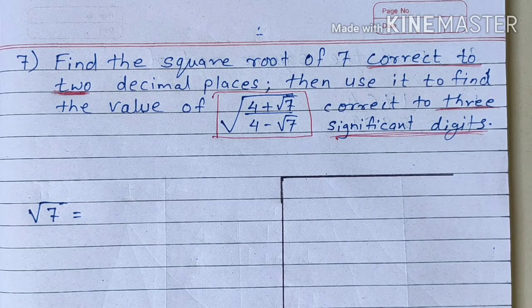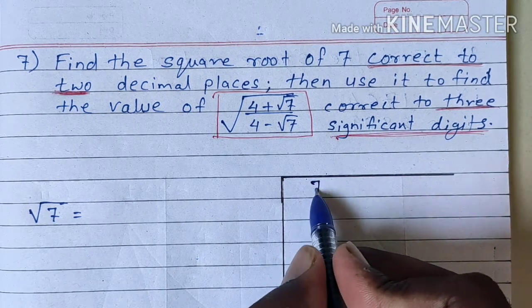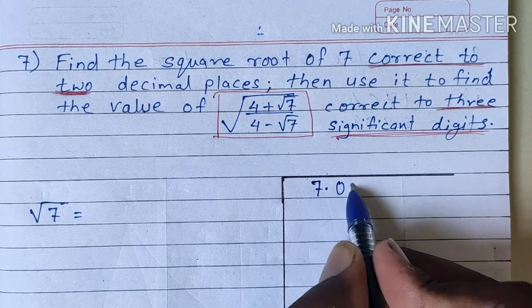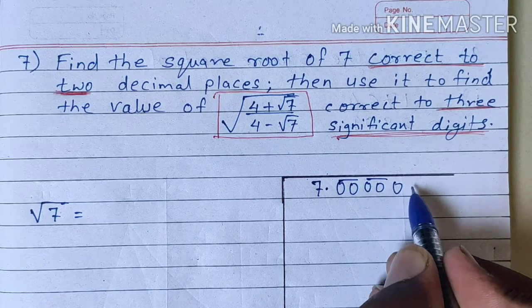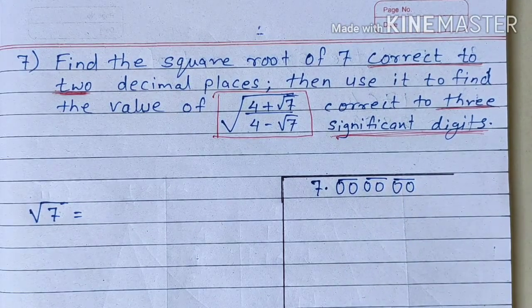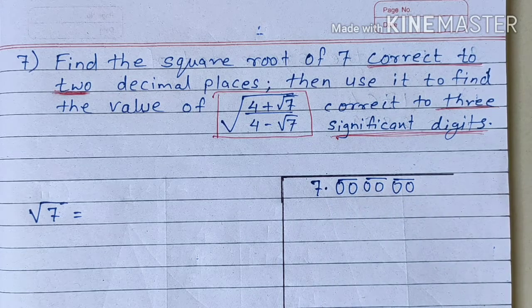If we want 2 decimal places, to make it a round figure we need 3 pairs to get 2 decimal places.